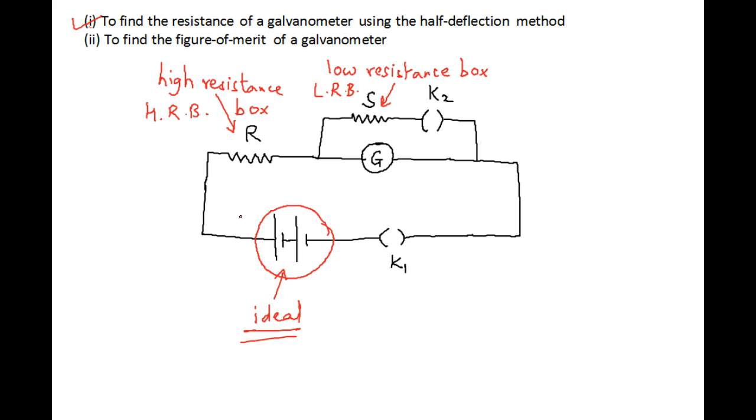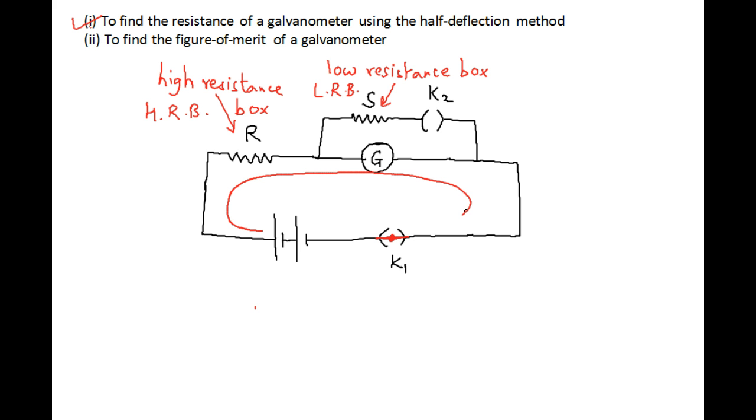Now, how do I conduct the experiment? In the first part of the experiment, key K1 is closed, which means that it behaves like a short circuit, and K2 is kept open. In other words, the operative part of the circuit is the lower loop, and the upper loop is open circuited. So there's going to be current flowing according to that arrow.